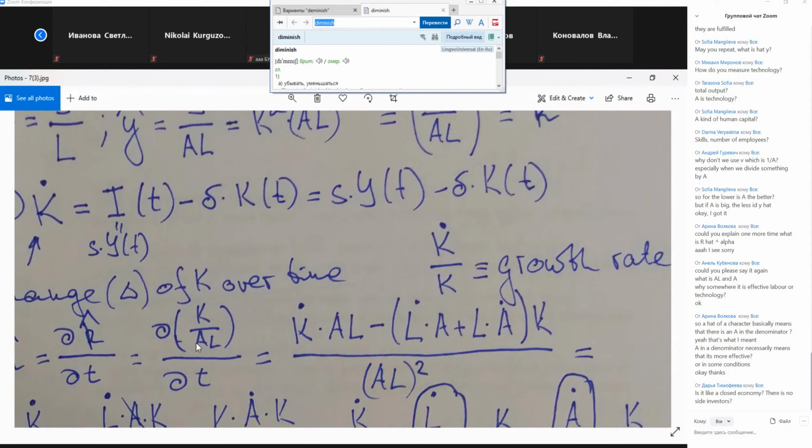All right, take the derivative of this fraction. We need to use the chain rule, quotient rule and product rule, these three rules of derivation which you know from school. K dot is the time derivative of capital, L dot is the time derivative of labor, A dot is the time derivative of technology.